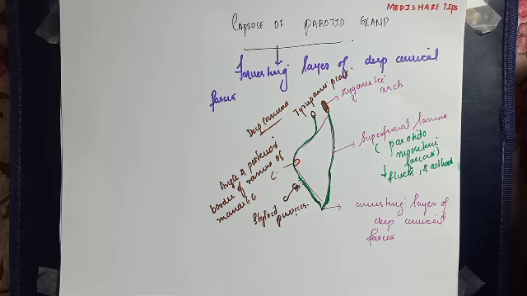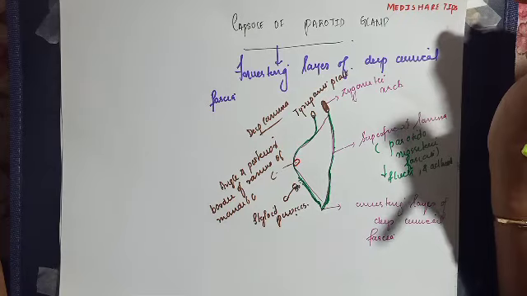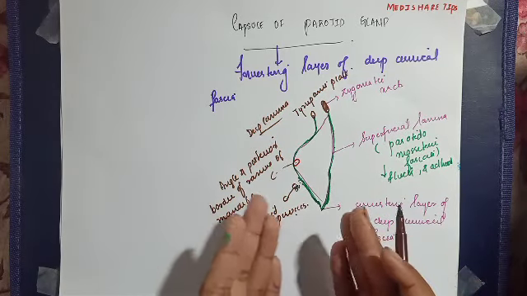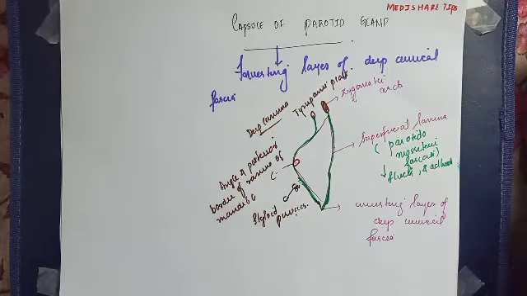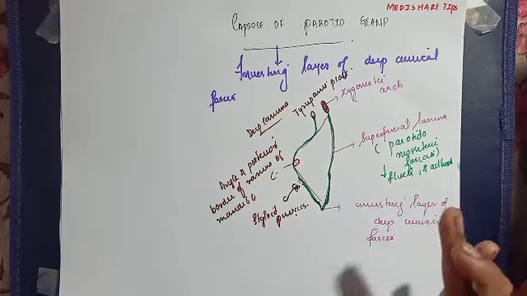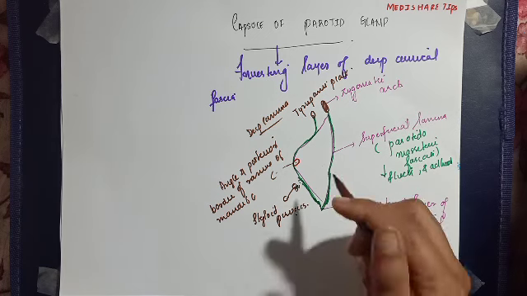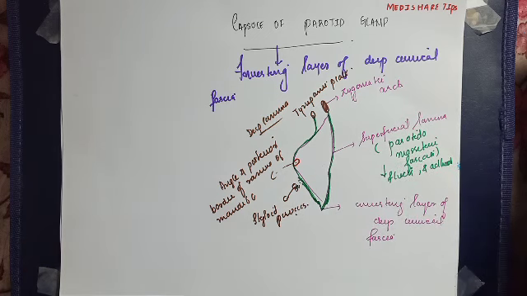So the important thing which you have to know here is that the capsule of the parotid gland is formed by the investing layer of deep cervical fascia, which splits into a superficial lamina and a deep lamina and encloses the gland like a capsule. The superficial lamina is very thick and adherent to the gland, and it is also known as parotidomasseteric fascia.